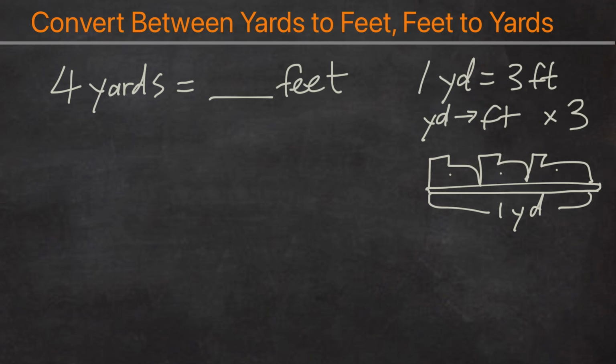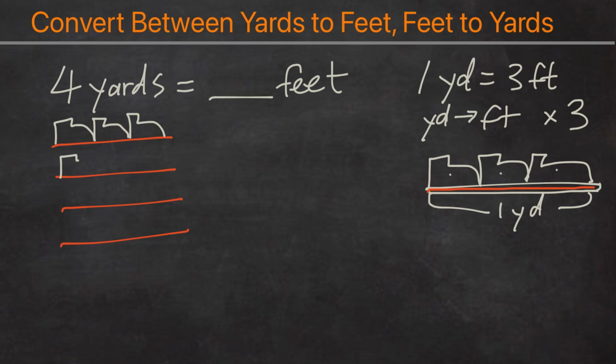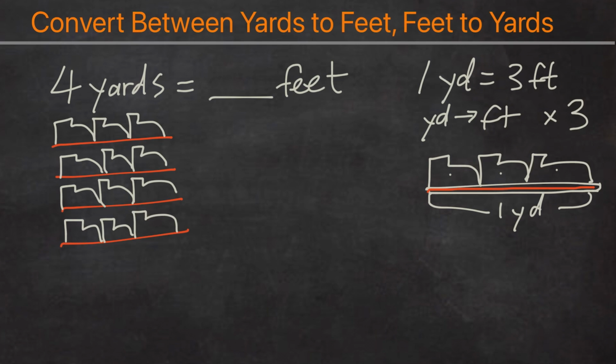And now we're going to apply to the 4 yards. So we're taking 4 of these. That's 1, 2, 3, 4. And then you can imagine how many feet you can place on top of this. So we have 12 feet. So that is how you would visualize.